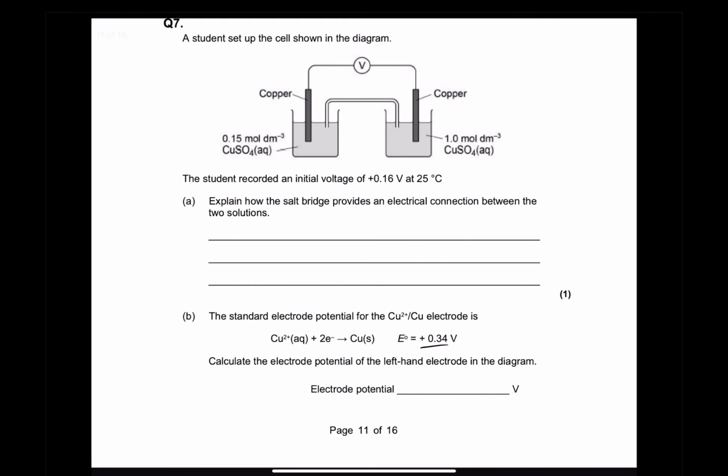Explain how the salt bridge provides an electrical connection between the two solutions. All right, so it allows for the movement of ions. I never like using the word it, but I'm going to mention salt bridge anyway.